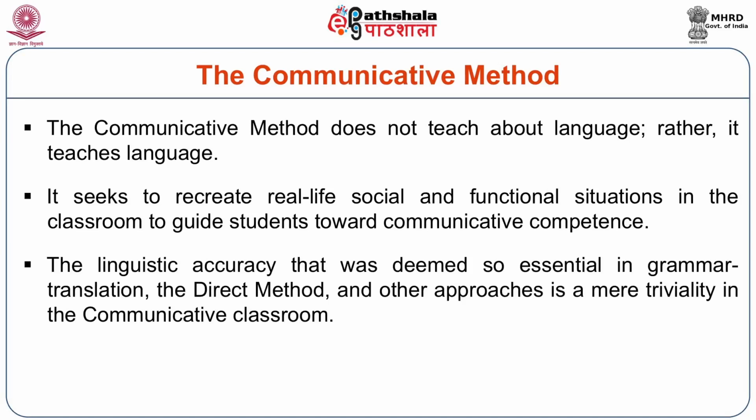The linguistic accuracy that was deemed so essential in the grammar translation method or the direct method or the other approaches is a mere triviality in the communicative method. The only function is that whatever I want to convey, it should be conveyed. What the speaker feels should be conveyed to the listener.